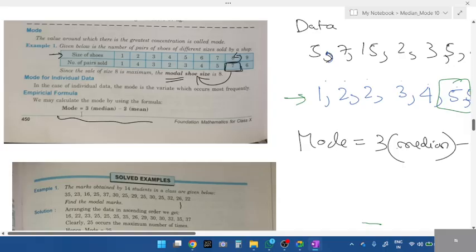Is it clear, students? Mode is equal to 3 times median minus 2 times mean. We call it the empirical formula. Understood?